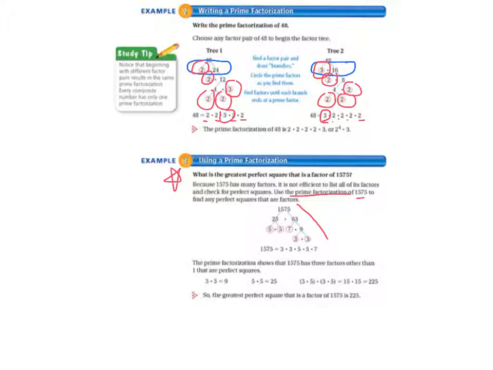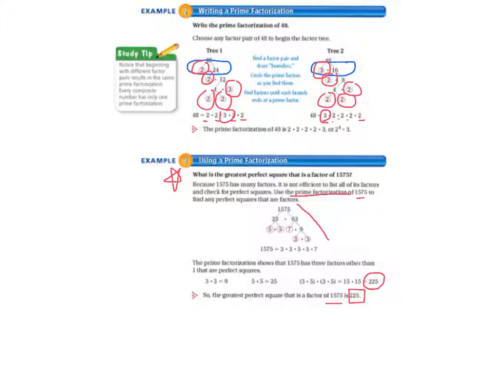So the prime factorization shows that 1575 has 3 factors other than 1 that are perfect squares. 3 times 3 equals 9, 5 times 5 equals 25. 3 times 5 times 3 times 5 equals 15 times 15, so that equals 225. So the greatest perfect square that is a factor of 1575 is 225.